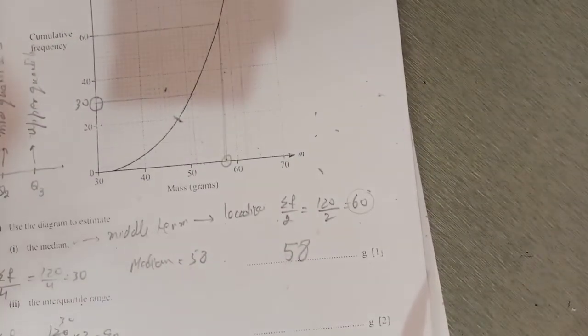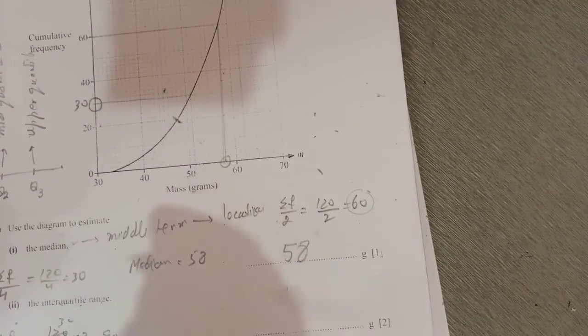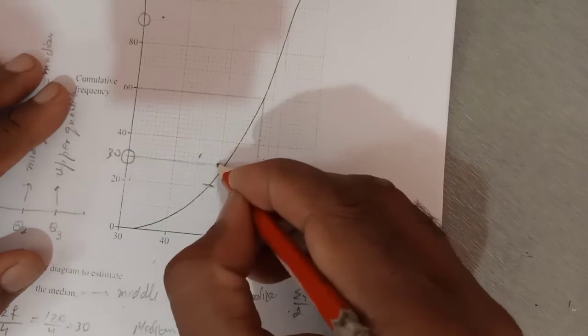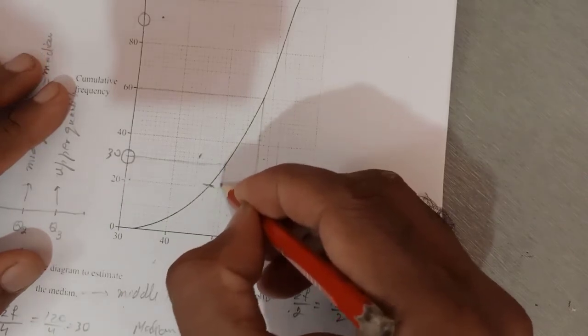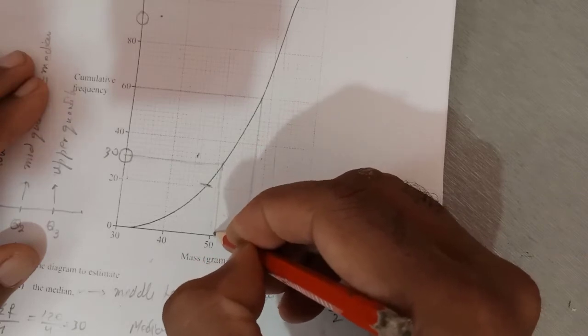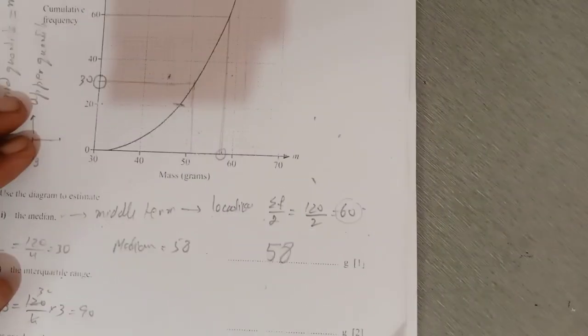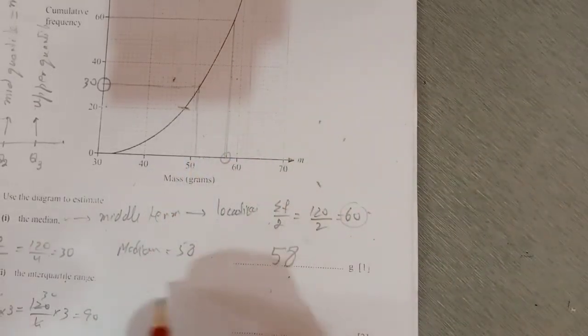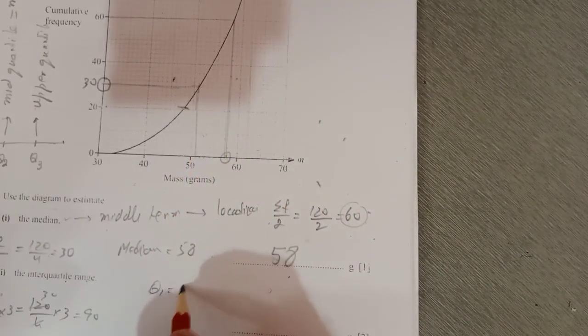Now I find the value of Q1 with the help of 30. I use a pencil over here. It is quite easy, but you must use a scale, otherwise you may get a wrong answer. So over here Q1 is 51.